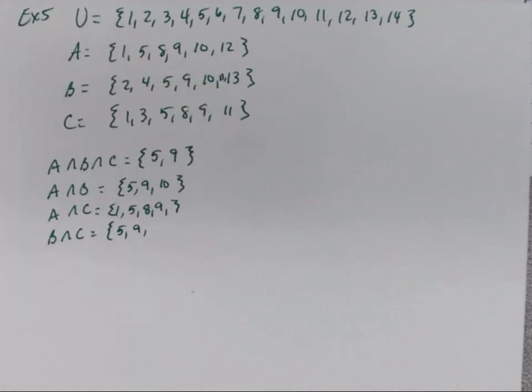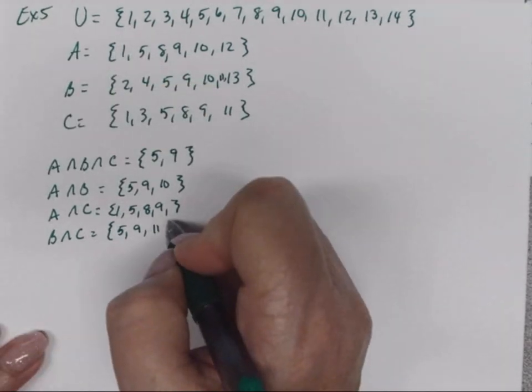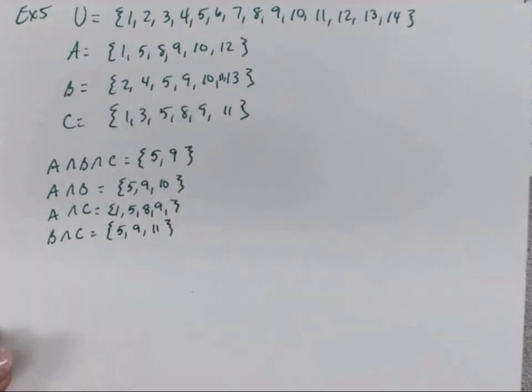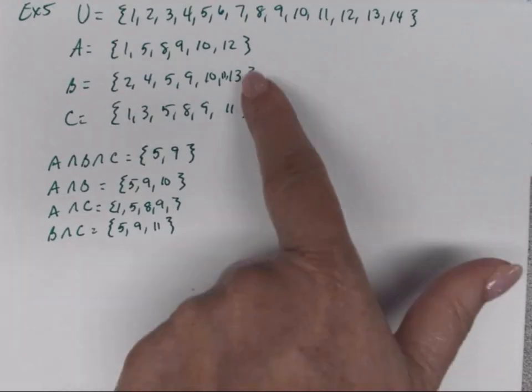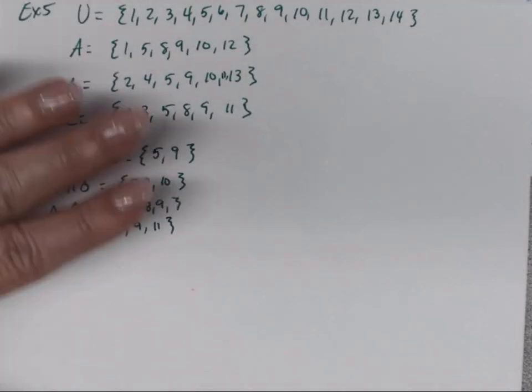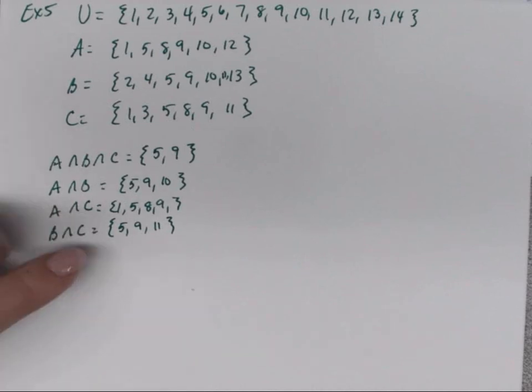We're going to stick an 11 in B because I realized that they don't have another number and I want them to have that. So together they have 5, 9, and 11. I realized we were missing 11 up there. It doesn't change anything else we've done because it only affects this one down here.